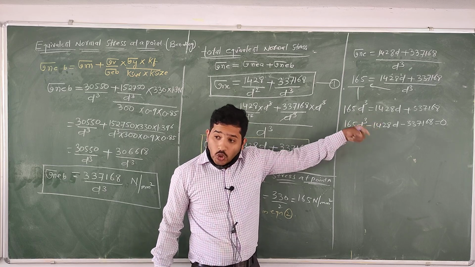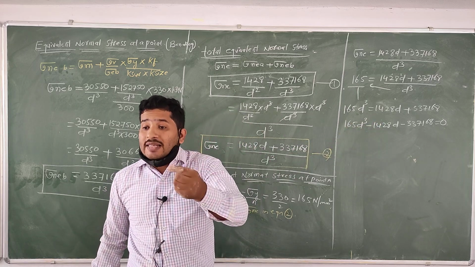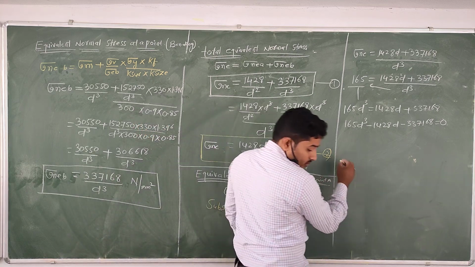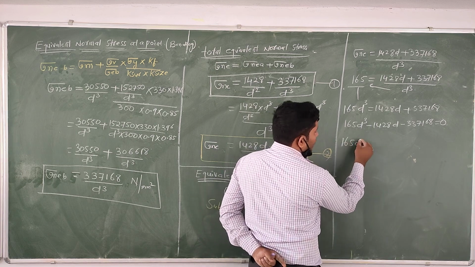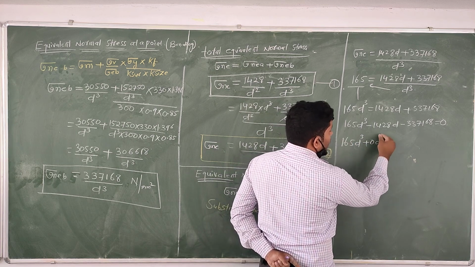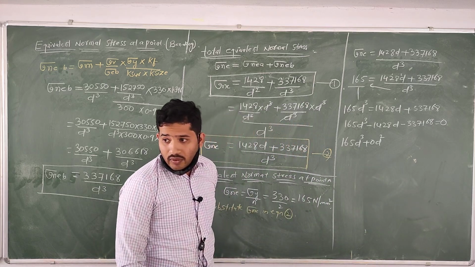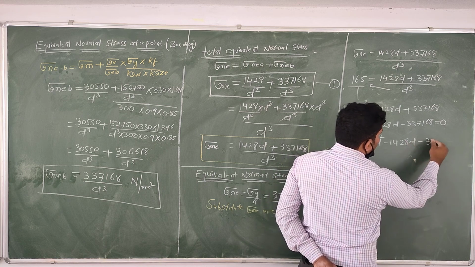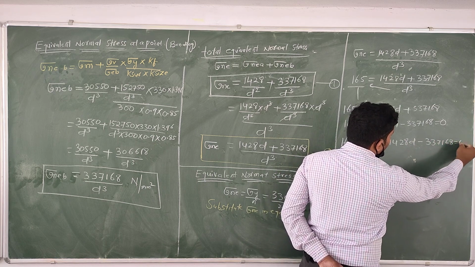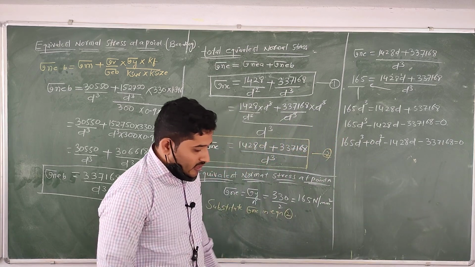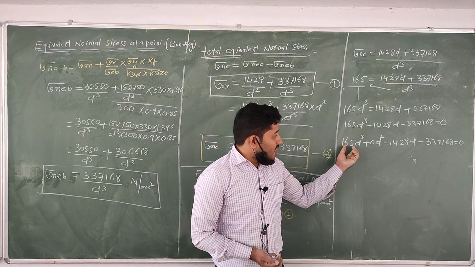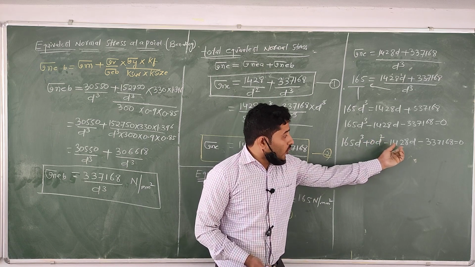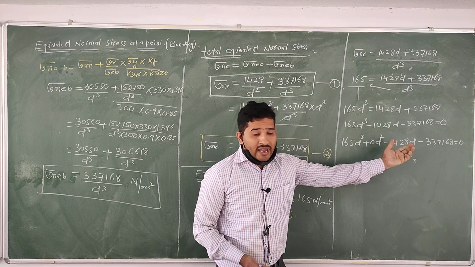If square is not given, then you need to consider 0D square. So 165D cube plus 0D square minus 1428D minus 337168 equal to 0. Then it is a form of 165D cube plus 0D square minus 1428D minus 337168, the constant term, equal to 0.